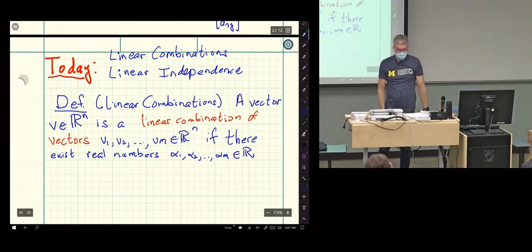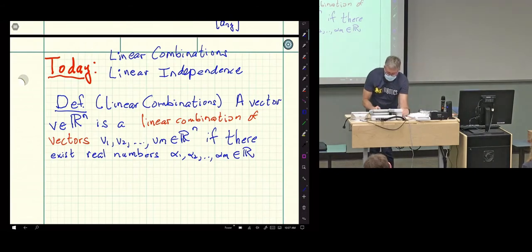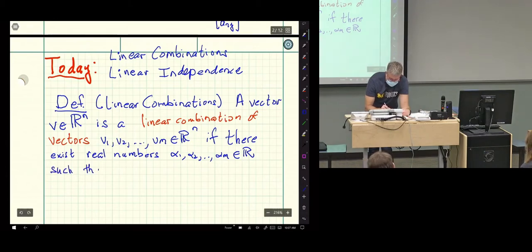We'll just write down that they're in the reals, such that alpha 1 times V1 plus alpha 2 times V2 plus ... alpha m times Vm equals our original vector V.